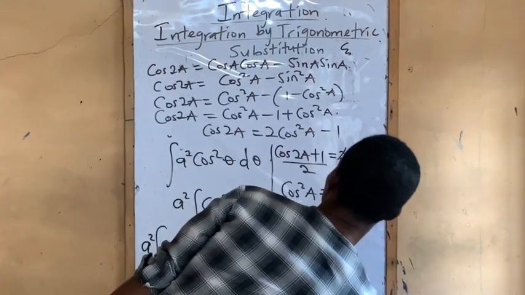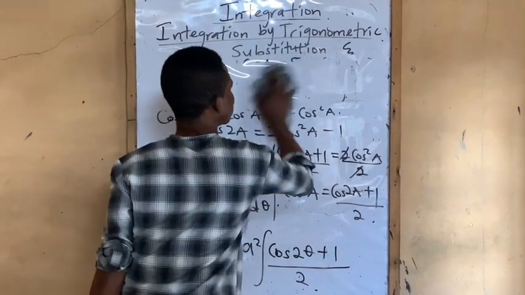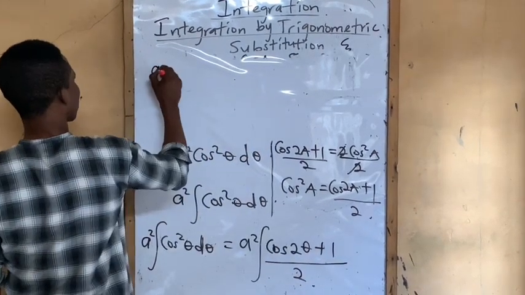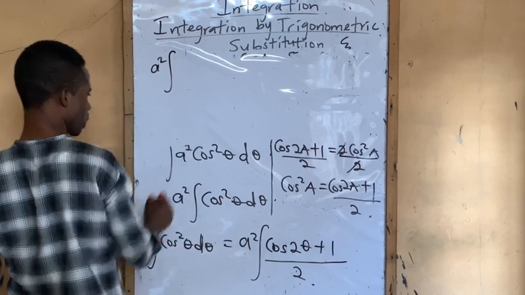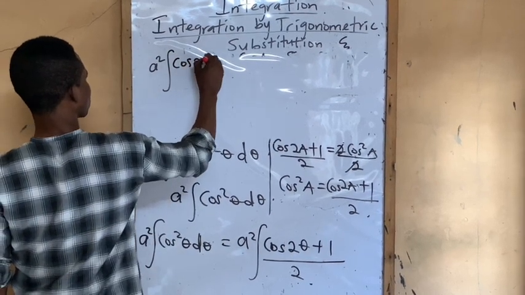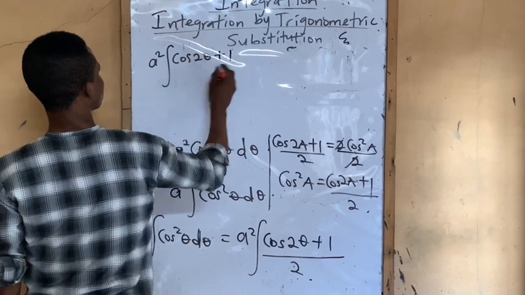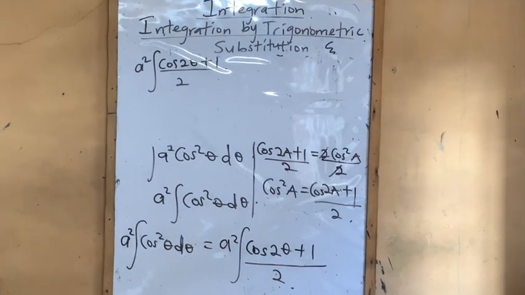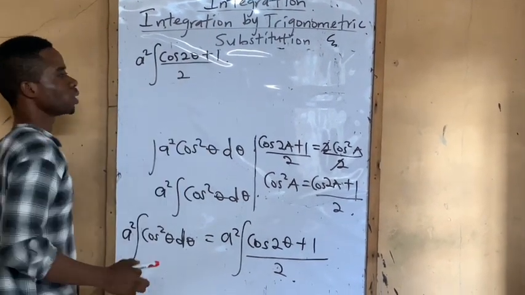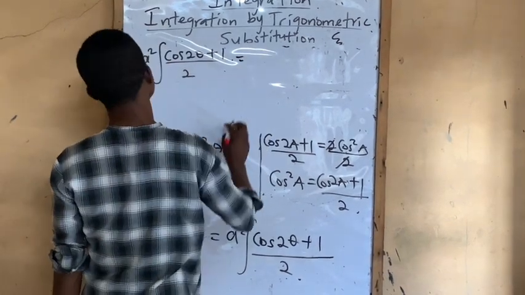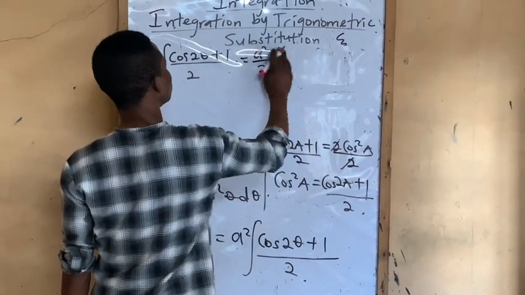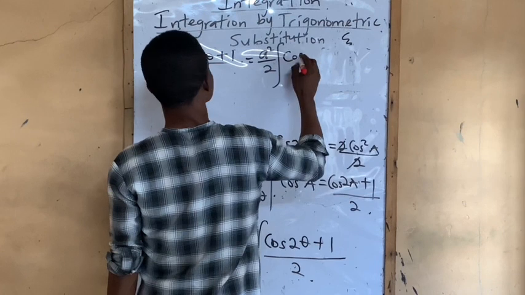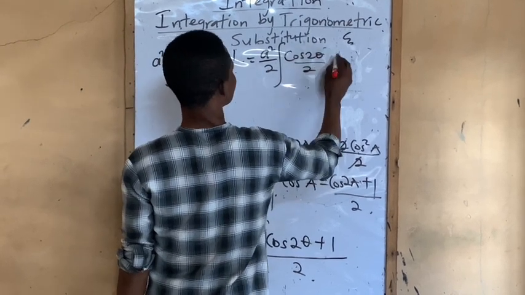That means a square integral of cos 2 theta plus 1 all over 2. Do not forget that this 2 is meant for both. So if I bring this 2 outside, it's going to give me a square all over 2 integral of cos 2 theta plus 1.